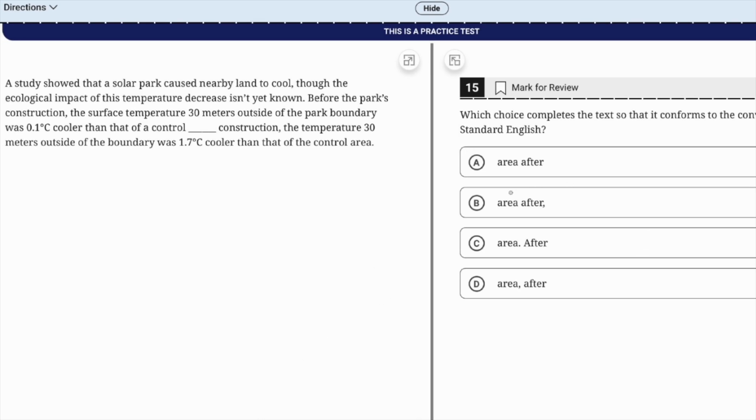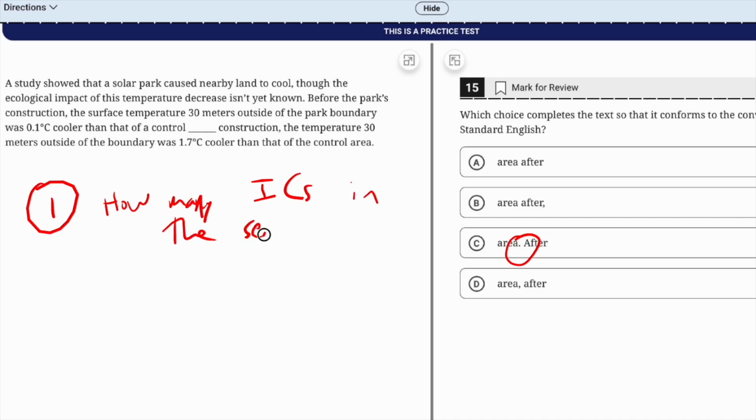And the first thing I note here is that we've got one with a period, a couple with commas, and one without punctuation. So the first thing we want to do here is focus on figuring out how many independent clauses are there in the sentence with the blank?